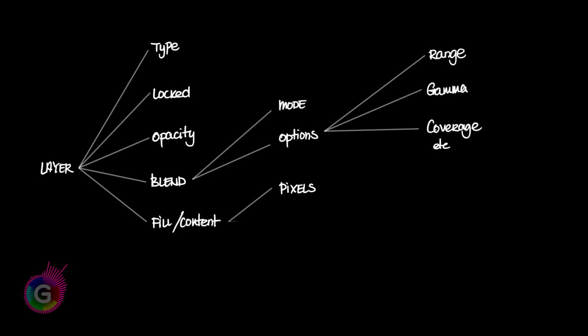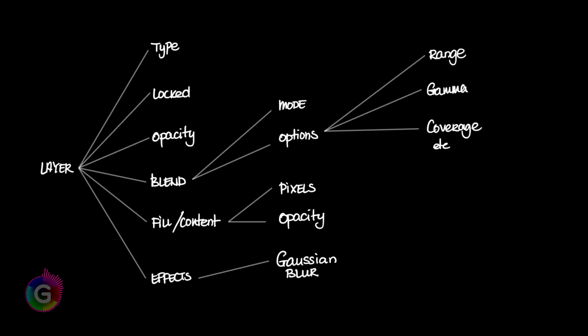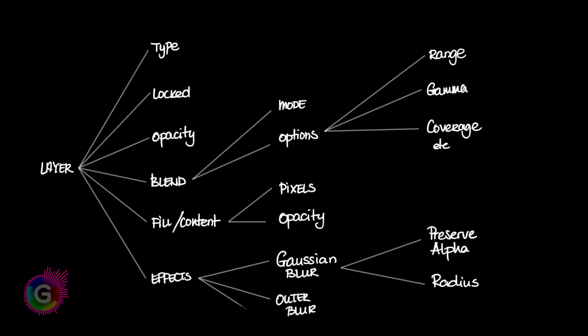And this fill probably also has its own opacity property. Continuing with the layer, it also has an effects property, which contains the different effects you can have on a layer with all their own sub-properties. And so on and so on. Probably there are much more properties, but I think you get the idea.